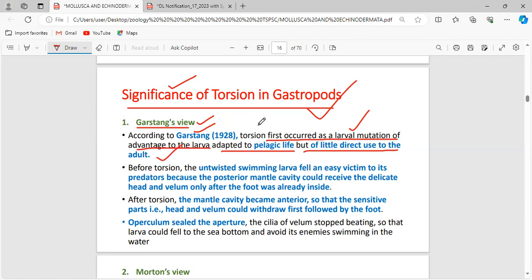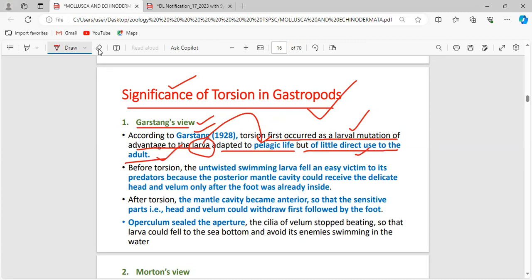See, the lifestyle of the larva and the adult is completely different. The larva will adopt structures and characteristics that are favorable to the larval stages. The adult will tend to adopt what is favorable to it. The larval stage prefers to live a pelagic life, but this is of little direct use to the adult.